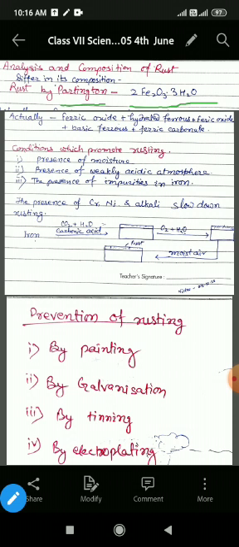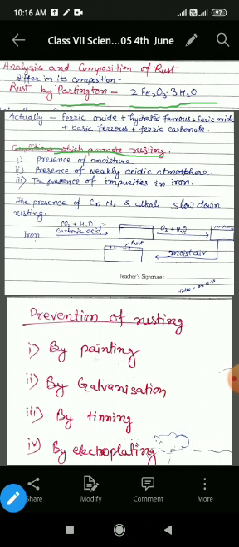Now students, we will discuss the conditions which help and promote rusting. The first one is presence of moisture. If there is moisture, the rate of rusting is fast.